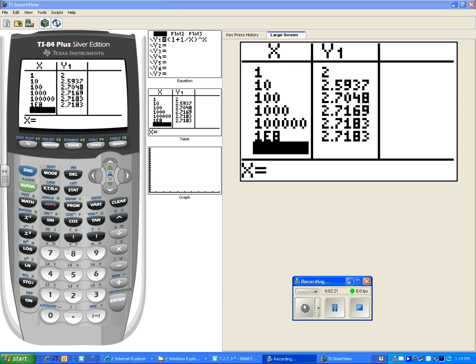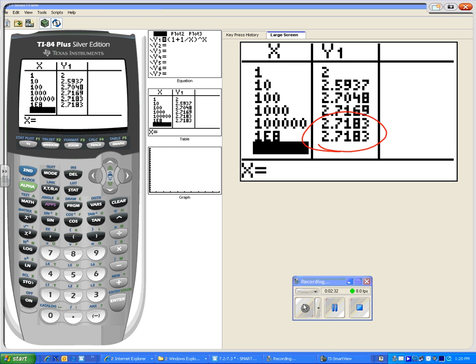It doesn't matter what your table starts at. The idea is that you're supposed to see that these y values are approaching a certain number, and what they're approaching is this number, or really close to that number right there, 2.718. If you remember that, that's basically what e is.